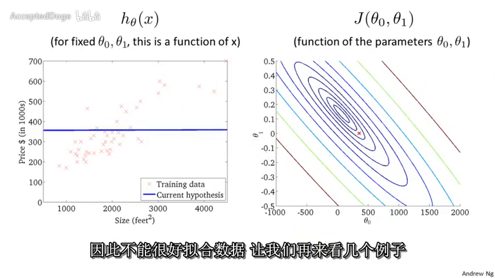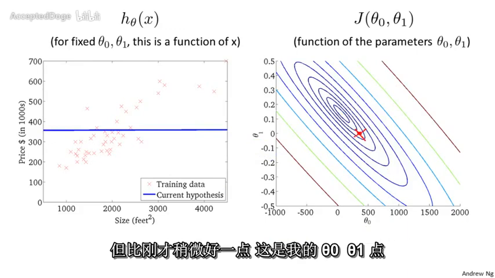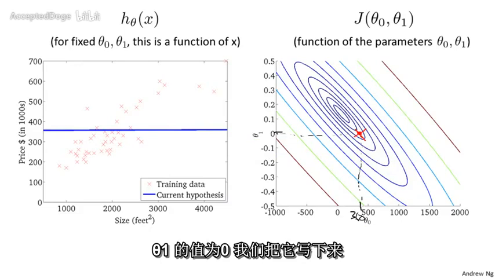Now here's a different hypothesis that's still not a great fit to the data, but maybe slightly better. Here's my point. Those are my parameters, theta 0, theta 1. My theta 0 value is about 360, and my value for theta 1 is equal to 0.